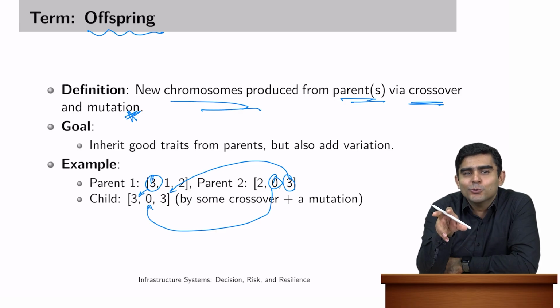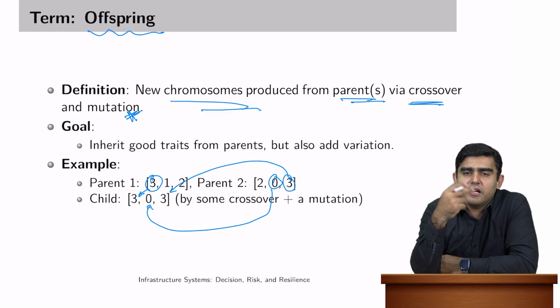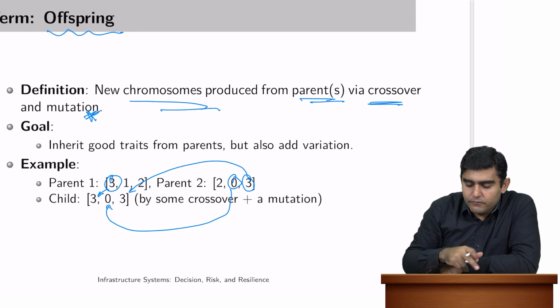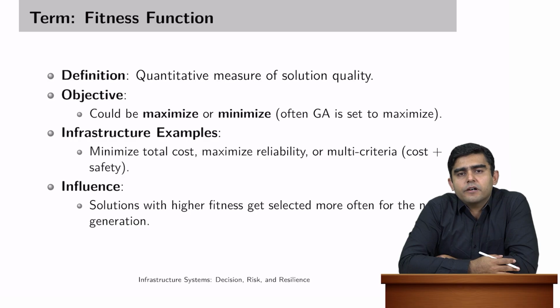So I can have two potential candidates for offspring in terms of their genetic coding, and then I assign the costs to these two offspring that I get. Once I have that, at each point I will be calculating the fitness function.